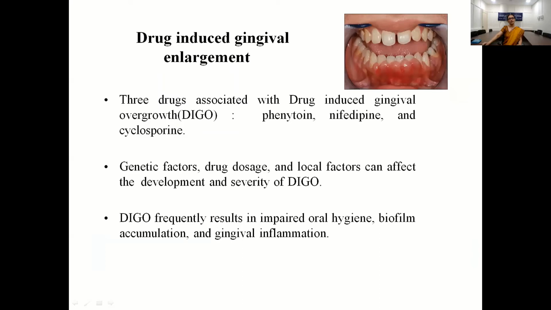It frequently results in impaired oral hygiene, biofilm accumulation and gingival inflammation. Because of the gingival overgrowth, the patient cannot maintain oral hygiene, and because of that, gingival overgrowth again increases. So this is a vicious circle.